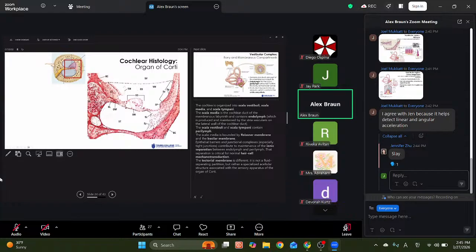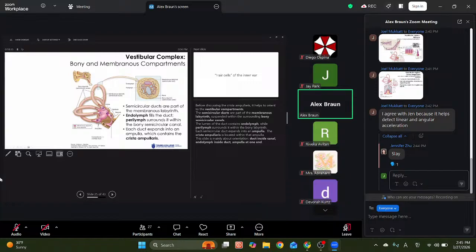Scala media, or cochlear duct, contains endolymph. The cochlear duct has high potassium, low sodium. The perilymph and these other compartments contain high sodium, low potassium. Those ionic features are important for the proper functioning of the inner ear. That's why they're important.